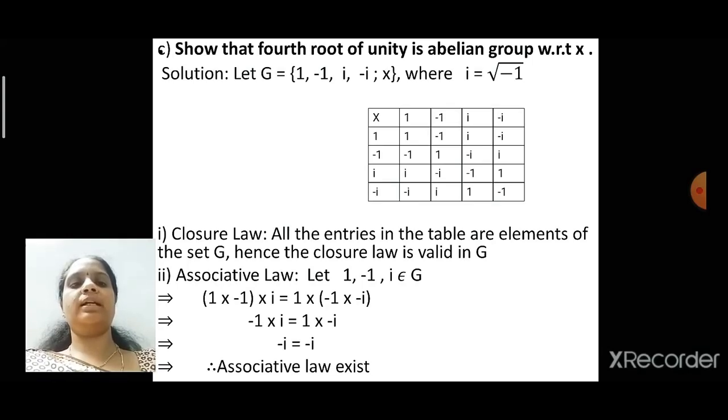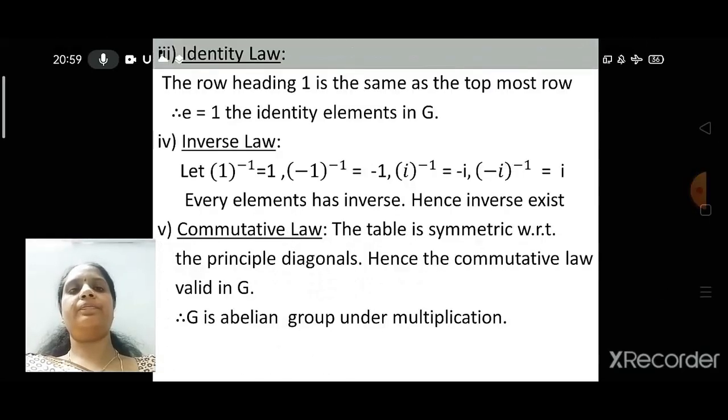Outside the bracket on the LHS, we have the element i. Outside the bracket on the RHS, the element is 1. After the multiplication, we got minus i on both sides. So we can say that the associative law is verified.